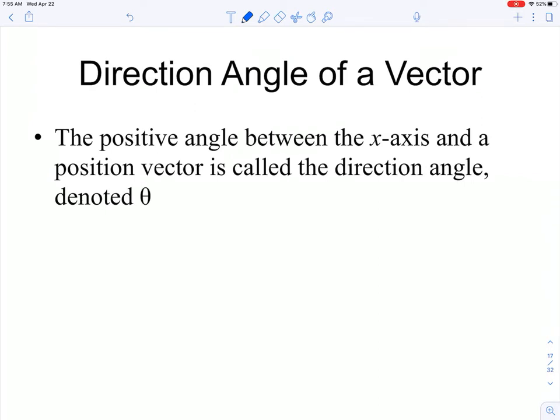Okay, so the direction angle of a vector, the positive angle between the positive x-axis and a position vector, is called the direction angle.